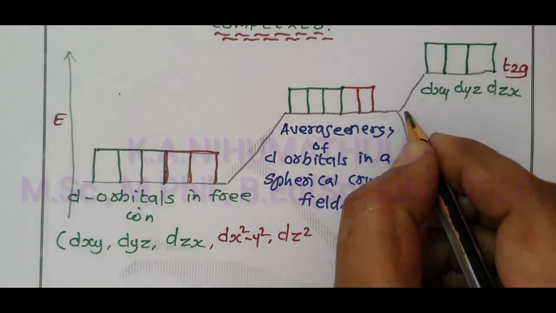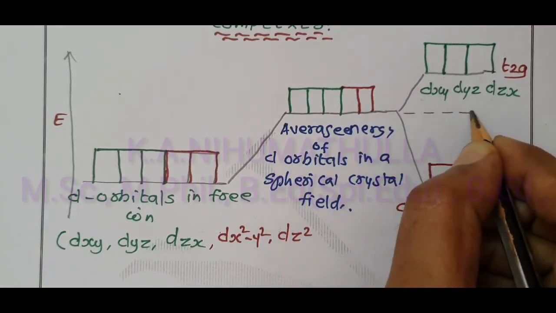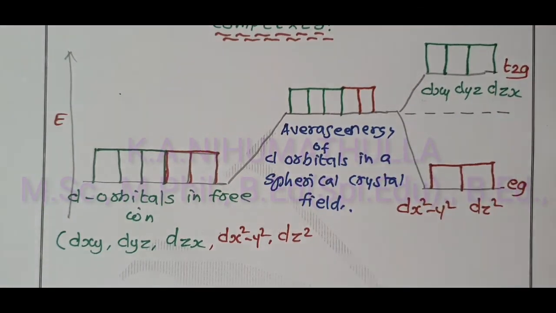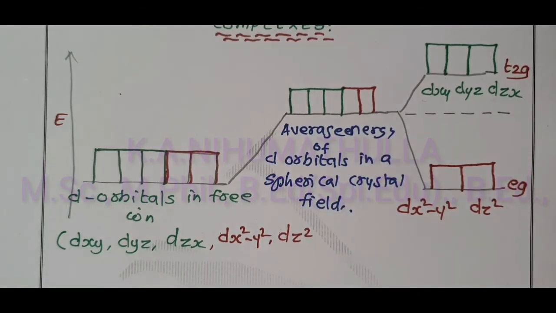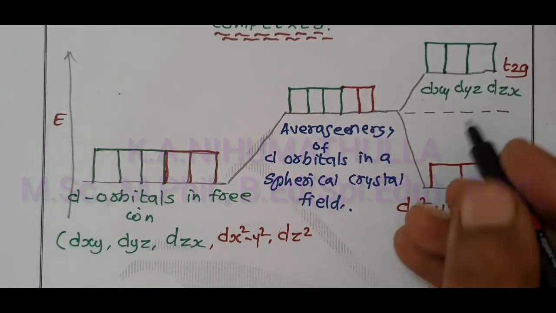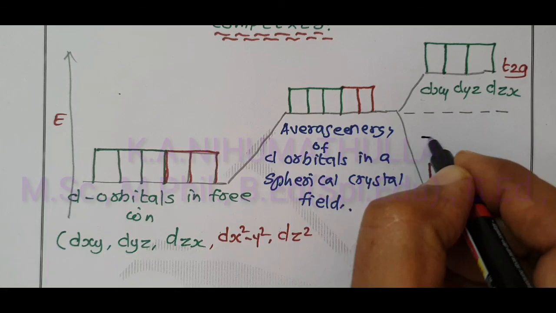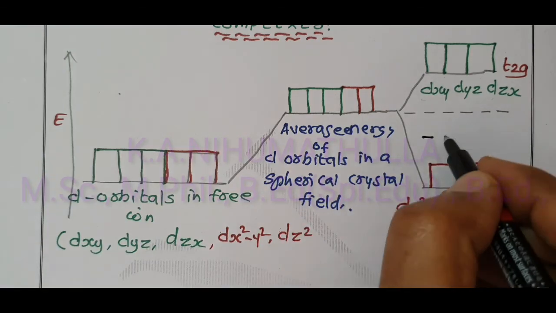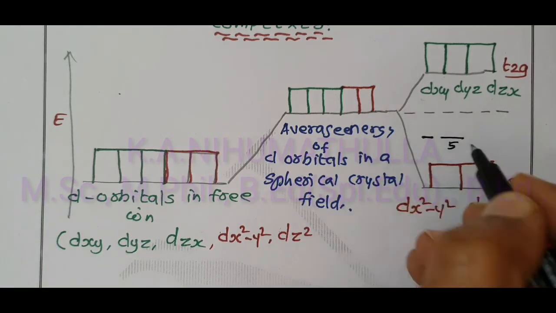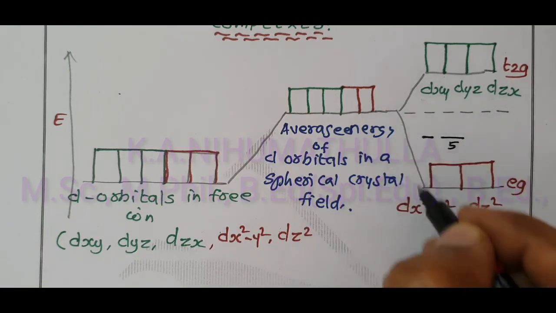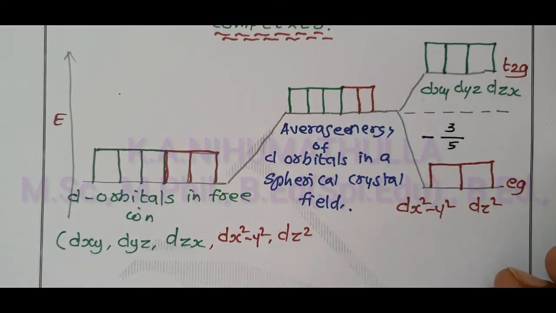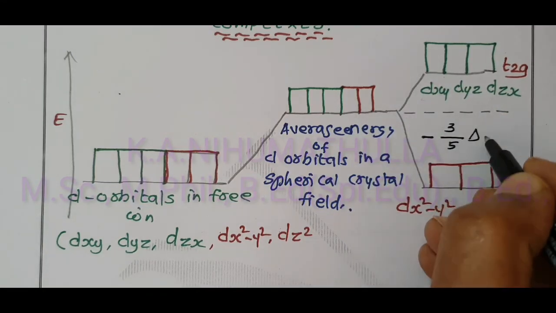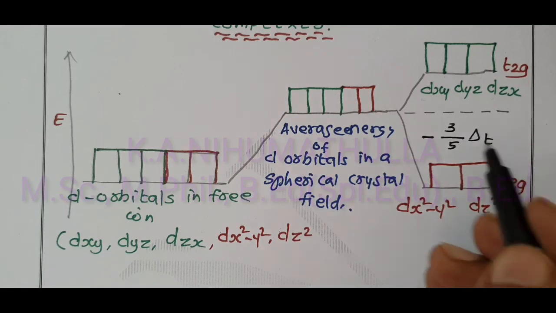When you draw the line and measure the energy value, the energy decreases. Decrease in energy is indicated by a minus sign. Total number of orbitals is 5, and the energy gap is large when compared with this increasing energy, therefore 3/5 delta T. What is delta T?